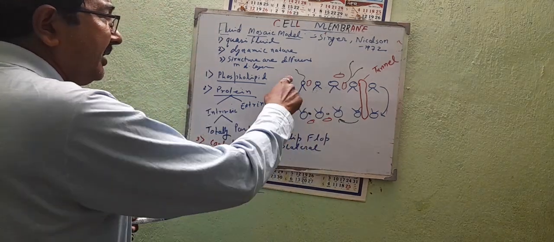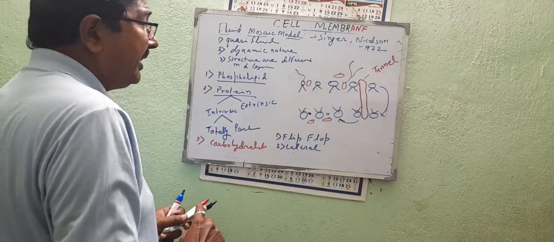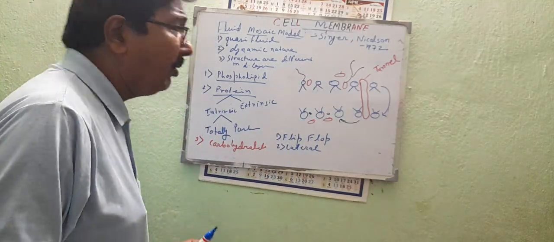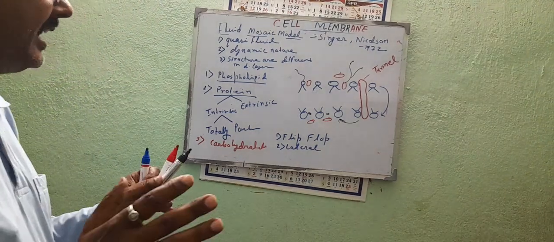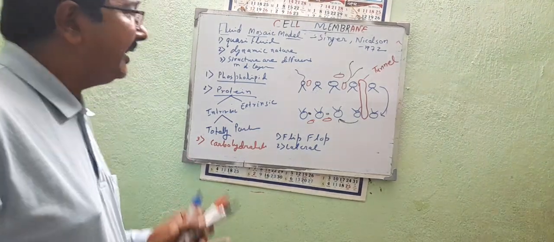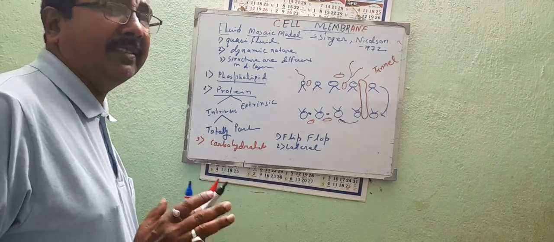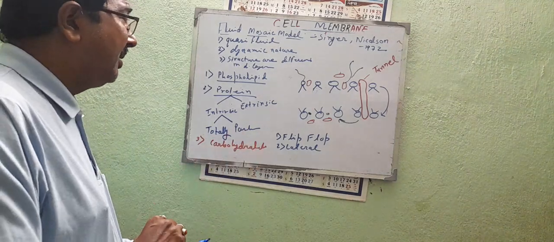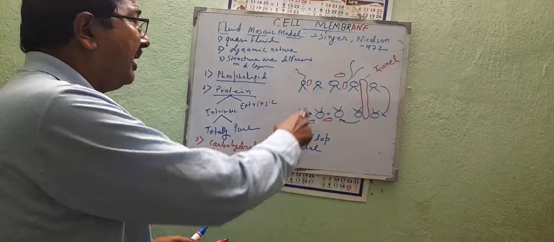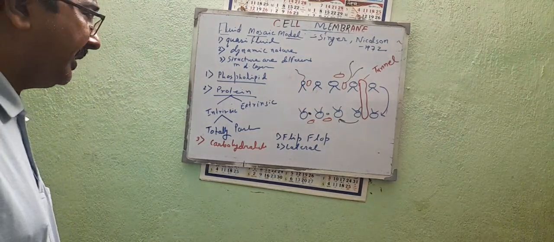When it is attached with lipid, it is called glycolipid, and when it is attached with protein, it is called glycoprotein. It also has some functions. It helps in cell to cell recognition, it helps in cell attachment, and it also has a cell immune response function.